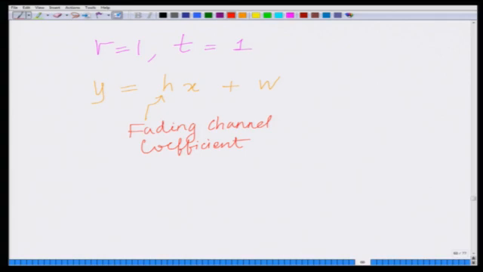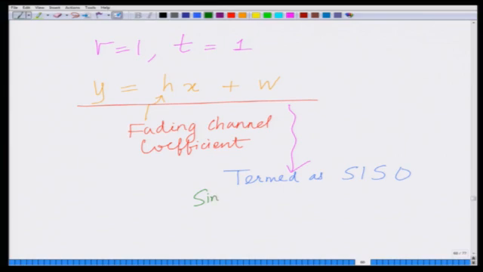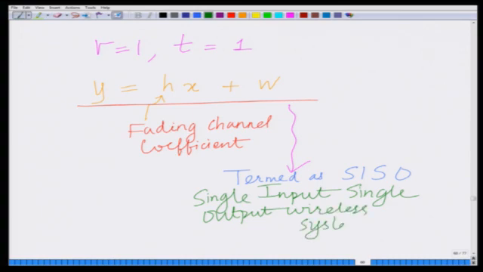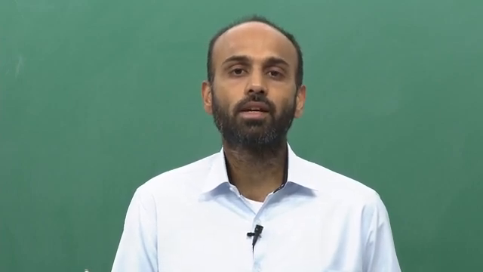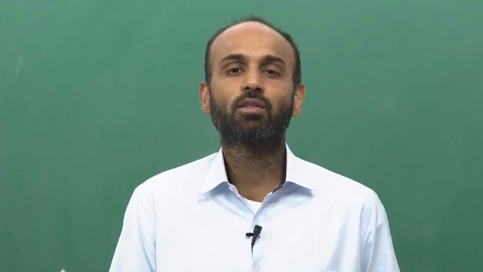When we have R equal to 1 and T equal to 1, we are back to the standard scenario, which is basically a single input single output wireless communication system, also known as a SISO wireless communication system. So, these are the various special cases of a MIMO system.